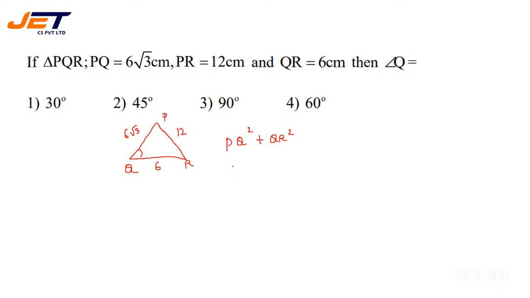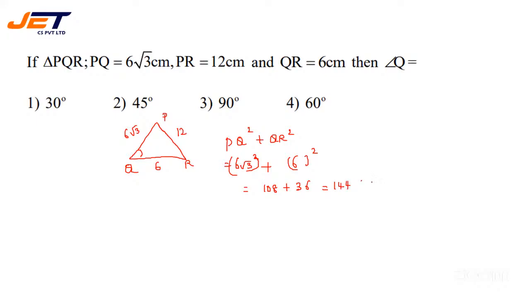So what is PQ square? 6 into root 3 the whole square plus QR is 6 the whole square. What is it? You will get 36 into 3, 108, plus 6 sixes are 36, which will be 144.